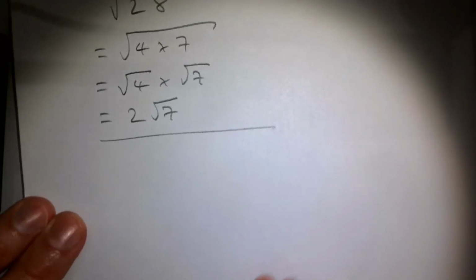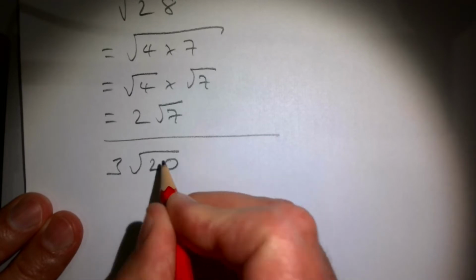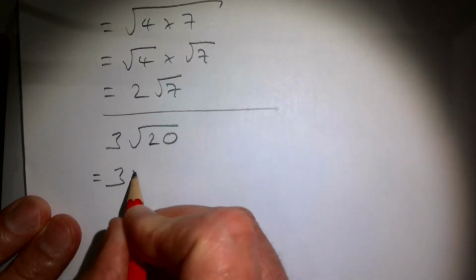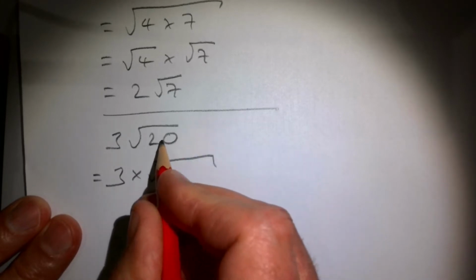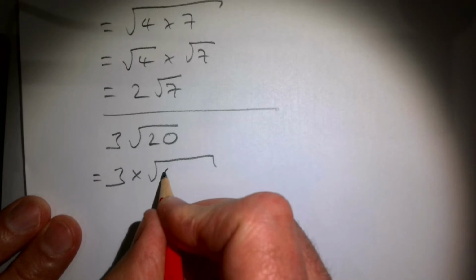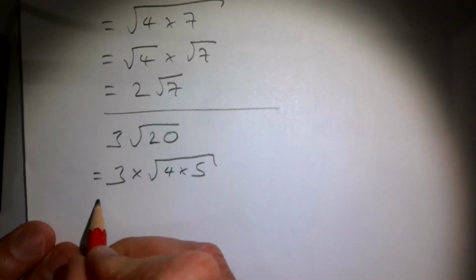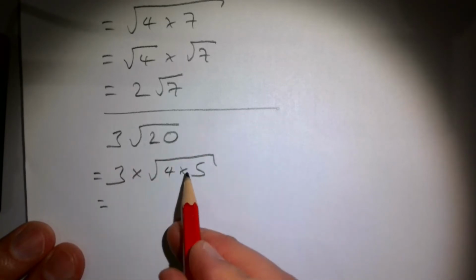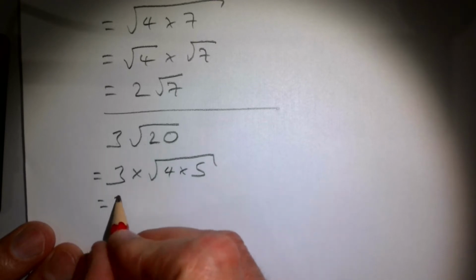Let's take a look at another. This one's slightly different. It asks you to simplify 3 root 20. So that's the same as 3 times the square root of 20. Again, the biggest square number we can think of as a factor is going to be 4. 4 times 5. Again, take a wee look, I'm writing an equal sign. Make sure you understand why this here is the same as this. That's 3 times root 20, so 3 times 4 times 5, which is 20.